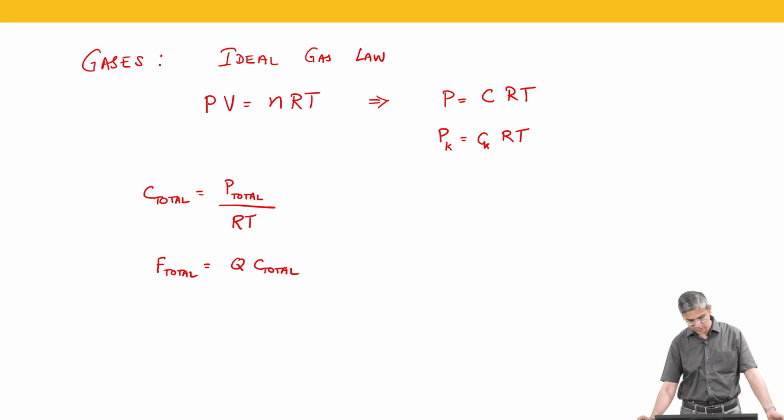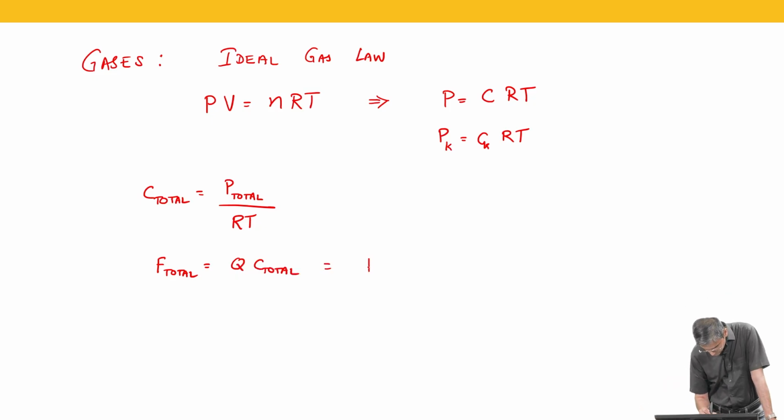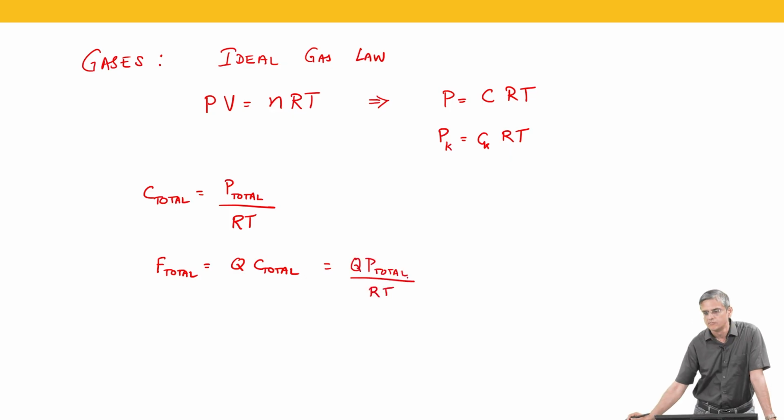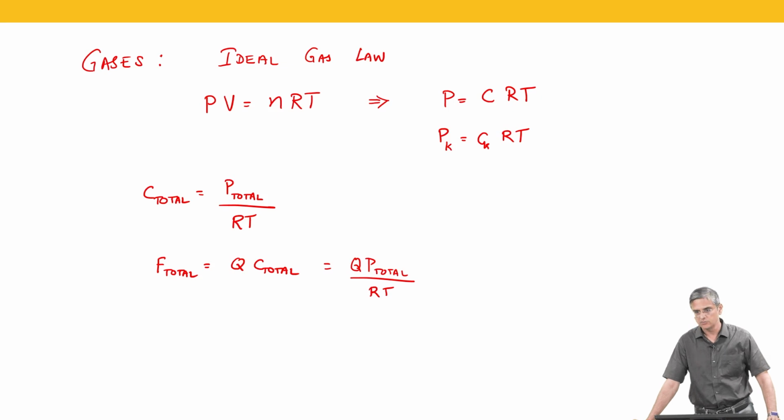F total is Q multiplied by C total. Okay, and this is the way you can actually get the overall concentration from your flow rates.